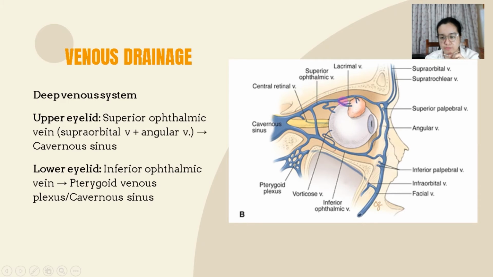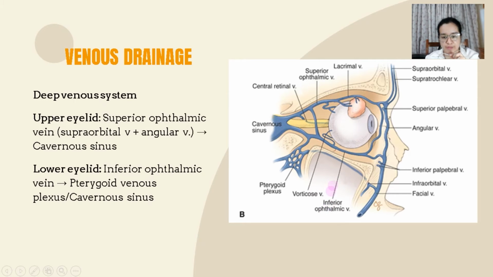So the union between the angular vein and the supraorbital vein forms the superior ophthalmic vein, which is at the supranasal aspect of the orbit. It leaves the orbit through the superior orbital fissure, so this one, and it enters the cavernous sinus.